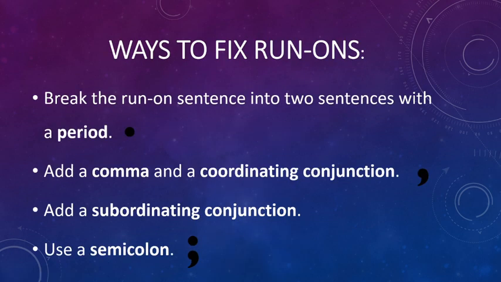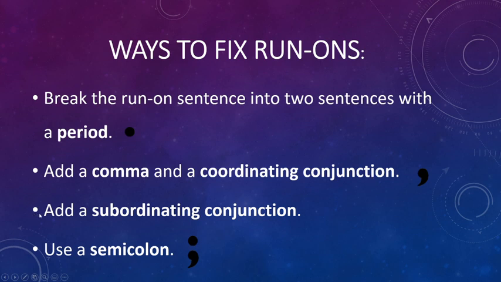How can we fix a run-on? Well, there are several ways. The first method that we can use is to break the run-on sentence into two sentences using a period. You can see we have a period right here. The second option we have is to add a comma and a coordinating conjunction. Okay, this is the comma, and we're going to talk about coordinating conjunctions in the next slide.